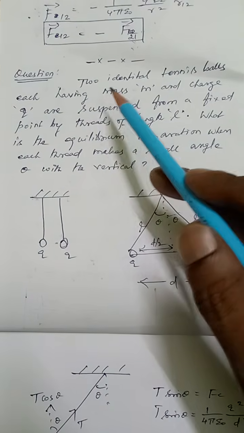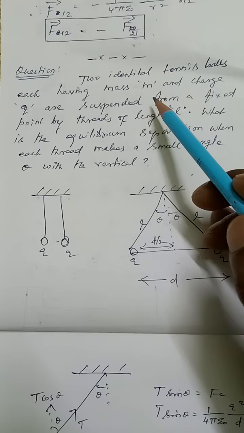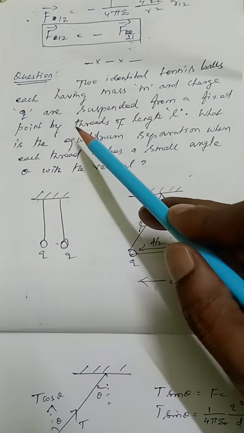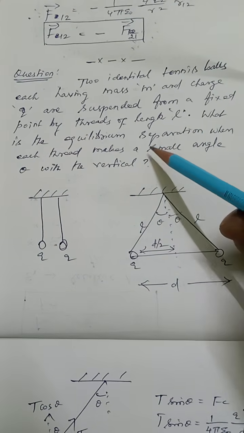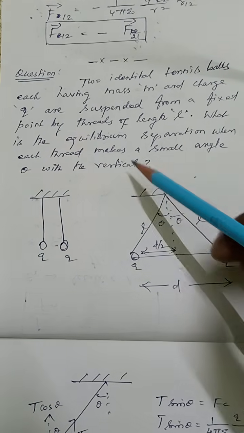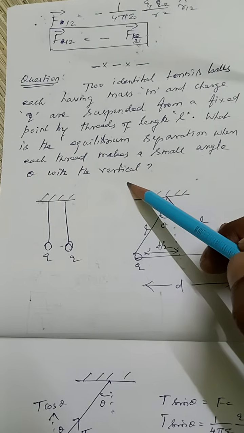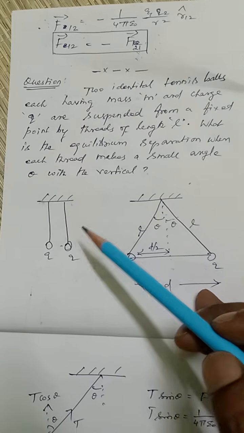See the question: two identical tennis balls, each having mass m and charge q, are suspended from a fixed point by threads of length L. What is the equilibrium separation when each thread makes a small angle theta with the vertical? This is the question. So first let us understand the question.